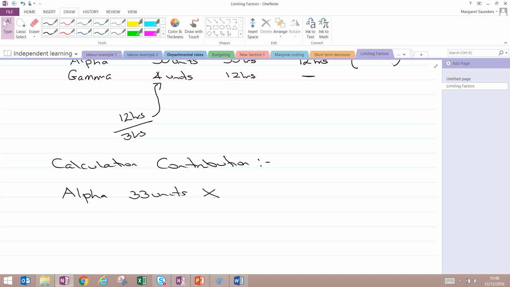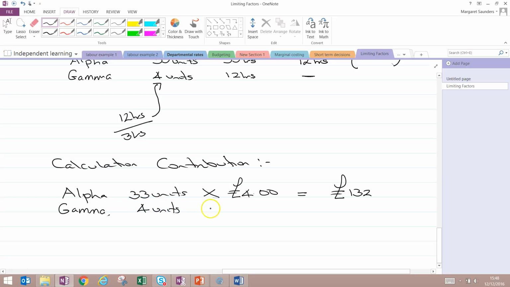So 33 alphas, each giving us £4 contribution. And the gamma, we're only producing 4 units of gamma. Each unit earns us £7.50 in contribution, so that's £30. So total contribution £162.